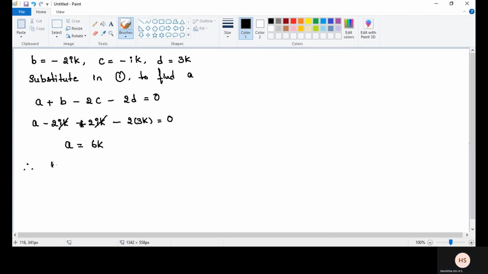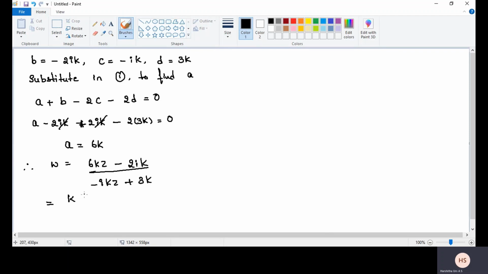Therefore, w is equal to A value is 6k z minus 2ik divided by minus ikz plus 3k.